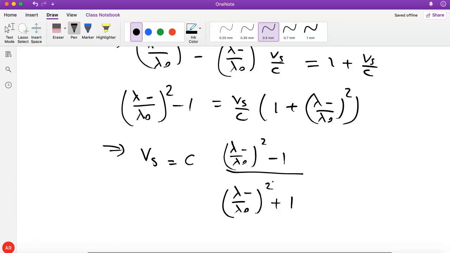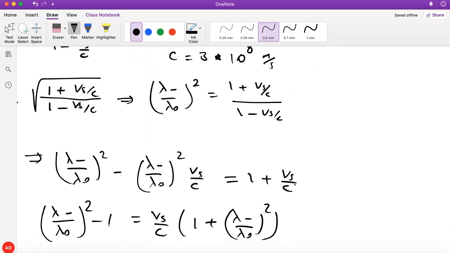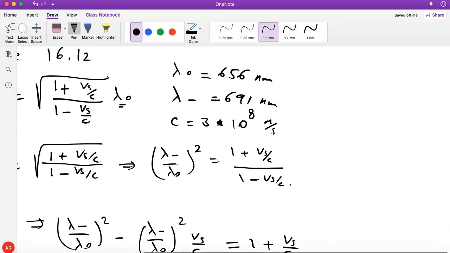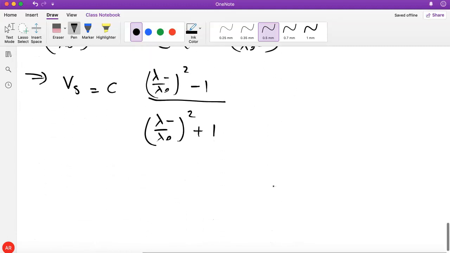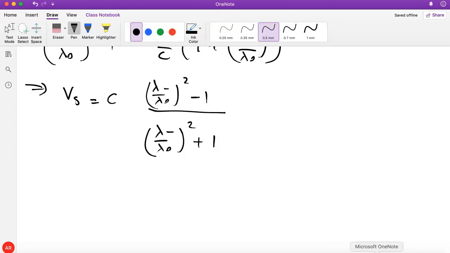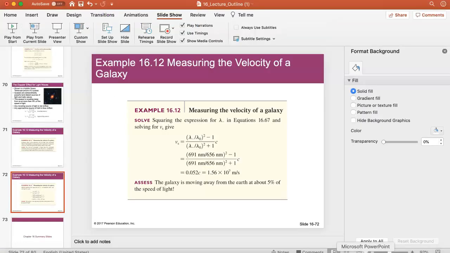Okay? So we just plug in the numbers, right? Lambda minus is 691, this is 656. We plug them in, and let's see what the answer is here. Yeah, so that's the expression.